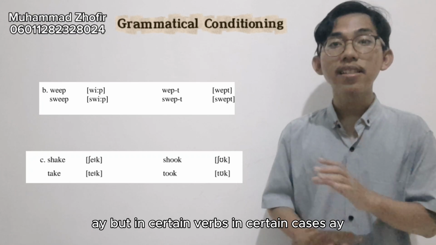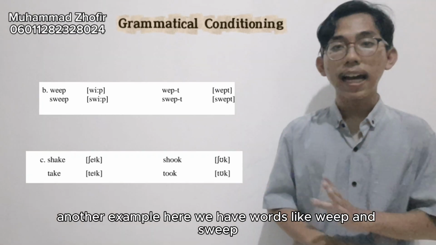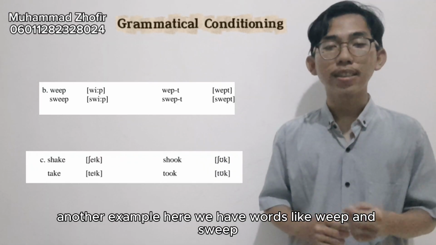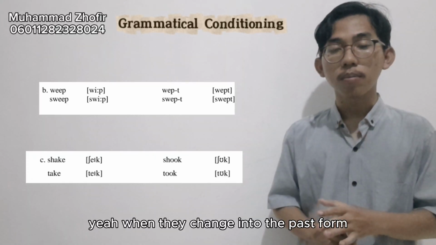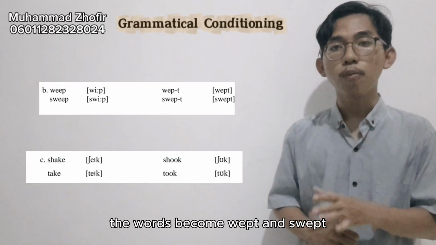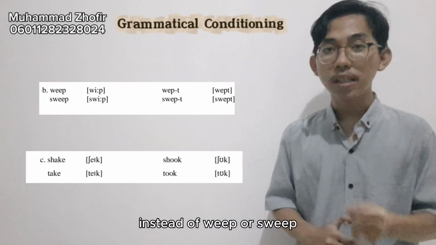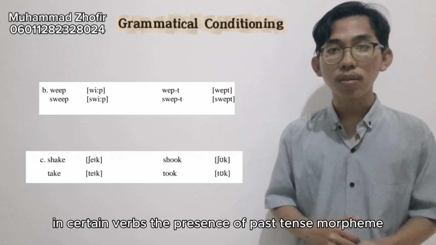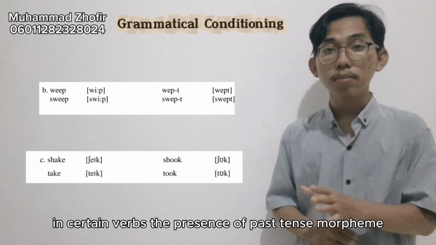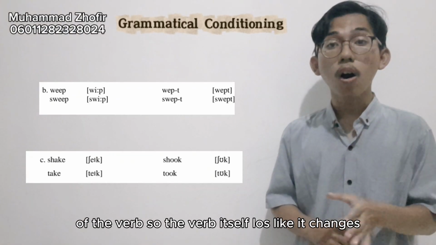Okay, but in certain verbs, in certain cases, let's take a look at another example here. We have words like weep and sweep. When they change into the past form, the words become wept and swept instead of weeped or sweeped. This is because in certain verbs, the presence of the past tense morpheme requires the selection of a special allomorph of the verb.